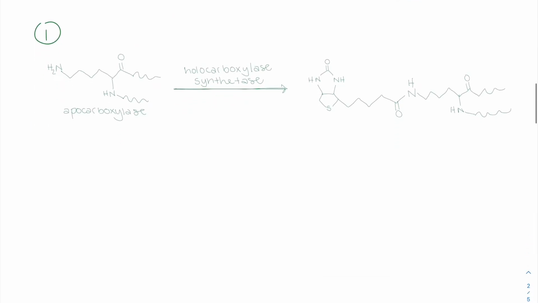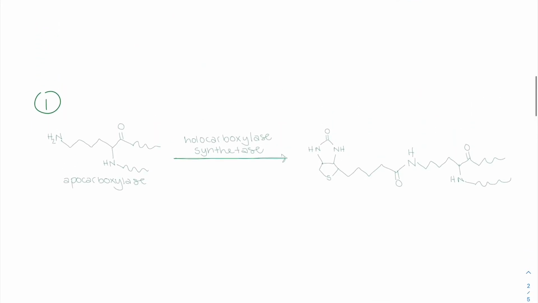So first, we have this. This is our biotin acting as a cofactor. So I need to mention here that we have to add on the biotin to the carboxylases. How do we do that? This is one of our carboxylases.